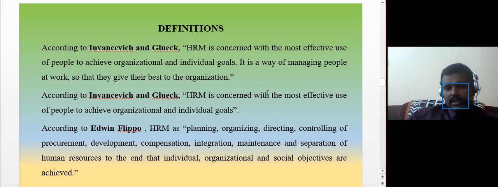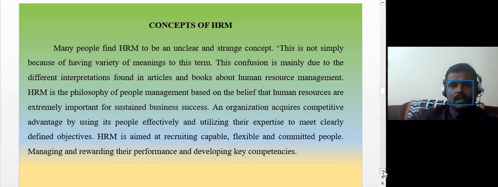So all this is happening through human resource management, right? So the author Edwin Flippo defined the term human resource management through the functions of management also and the concepts of HR.